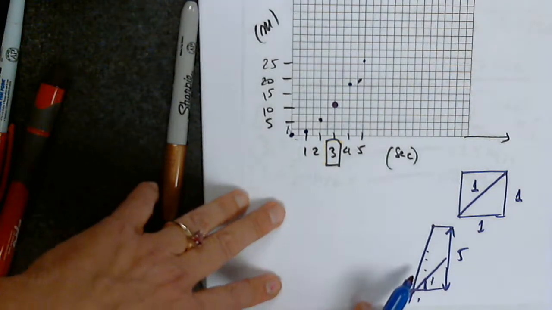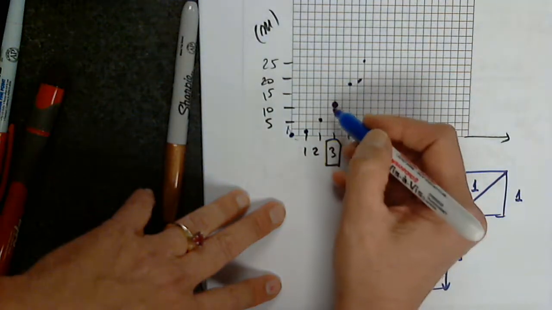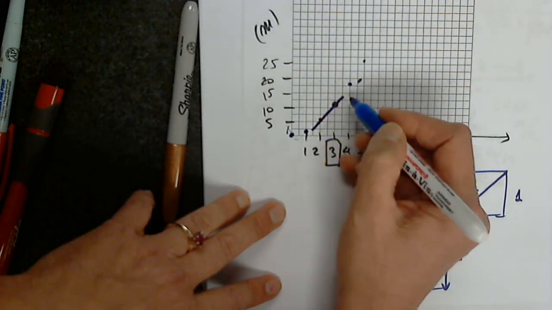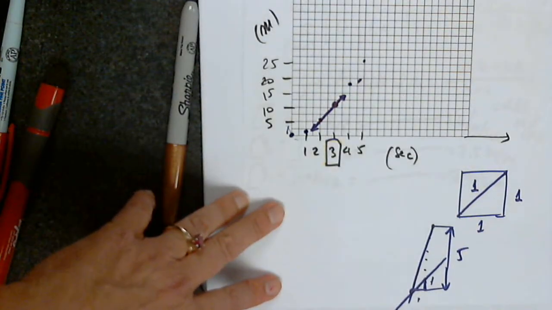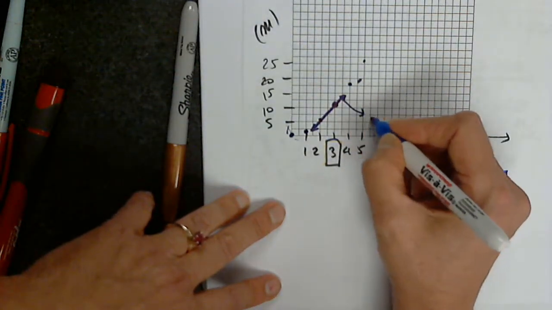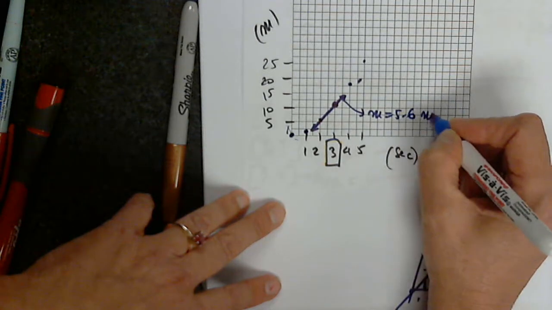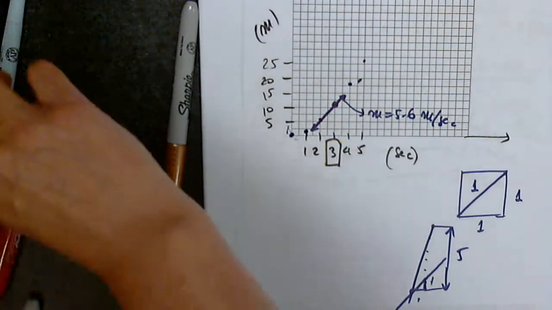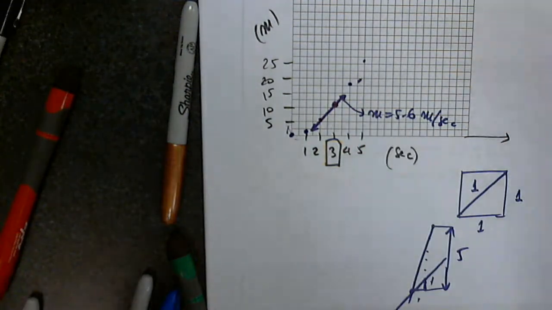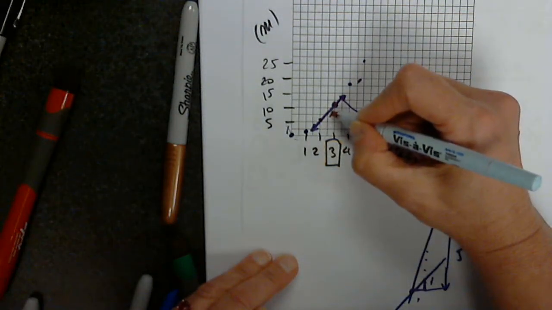It's not going to look exactly like this. So this is the slope of 5.6 in this graph. So the slope of this line is 5.6 meters per second. Now between 2 and 3. Now between 3 and 4, it will be this slope.